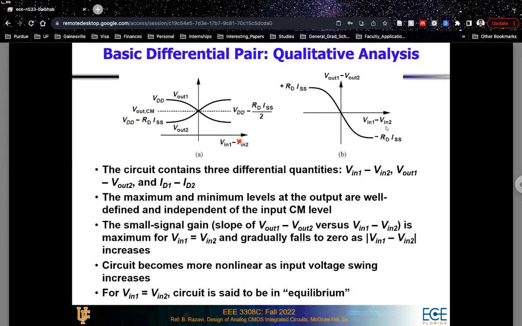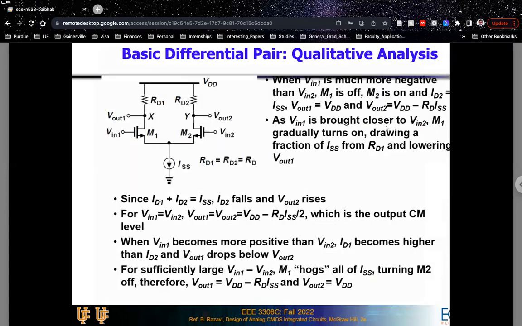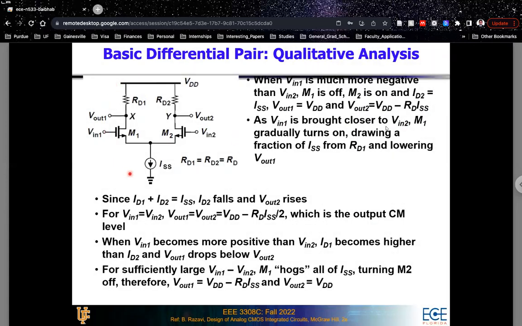That is because, in the previous slide, one of the biggest assumptions that we had made is that the left-hand side is exactly identical to the right-hand side. That will not be the case in a real scenario, because RD1 may not be exactly equal to RD2. The properties of the M1 transistor may not be exactly equal to the properties of the M2 transistor, and so on. And because of that, even if you are applying the same DC voltage at Vin1 and Vin2, your DC voltages at Vout1 and Vout2 will not be equal.